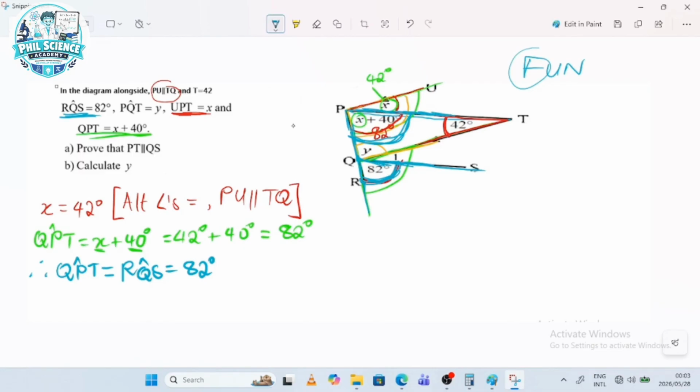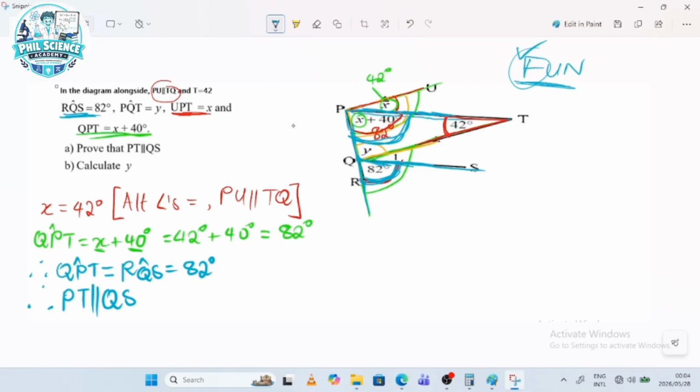So this implies that since they're equal, and they form an F, this makes PT parallel to QS. Because we see that there's an F. Whenever there's an F-like shape, this tells us about parallel lines. Whether it's F.U.N, there are parallel lines, right?